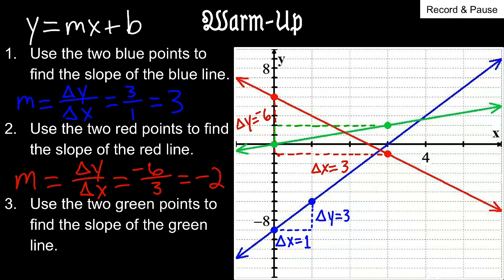So here, our delta x is equal to, let's see, from right here, 1, 2, 3. Oh, our delta x is 3 in that one as well. We're moving to the right. Delta x is 3. And our delta y is up 1, 2. So our delta y is 2.